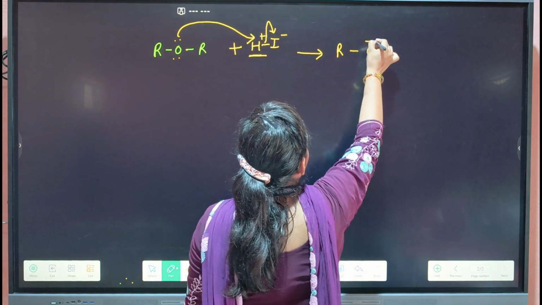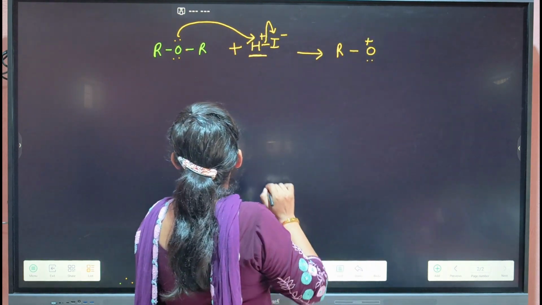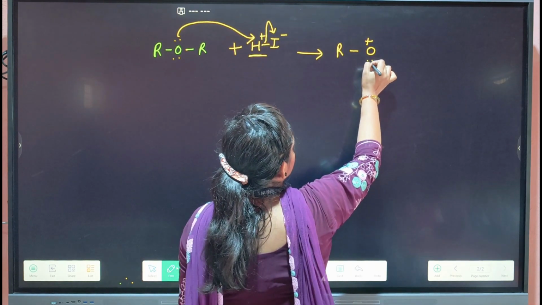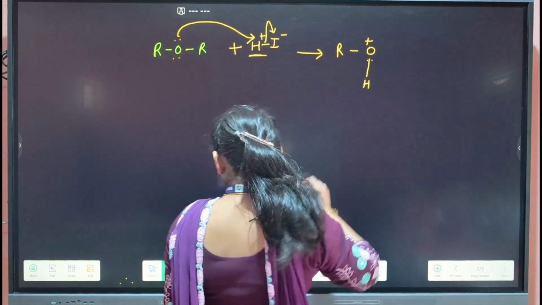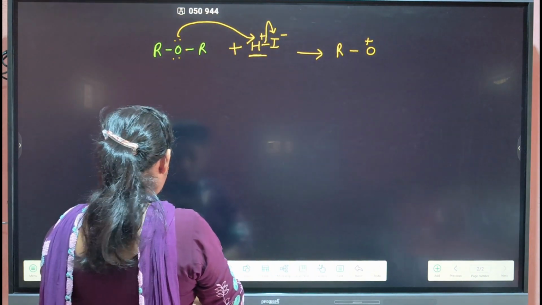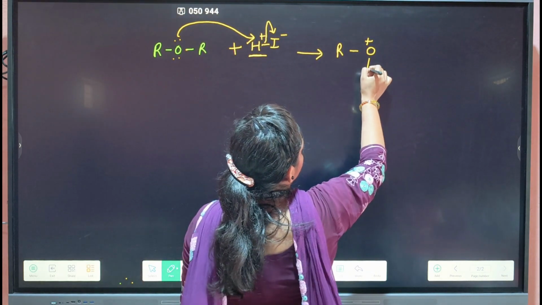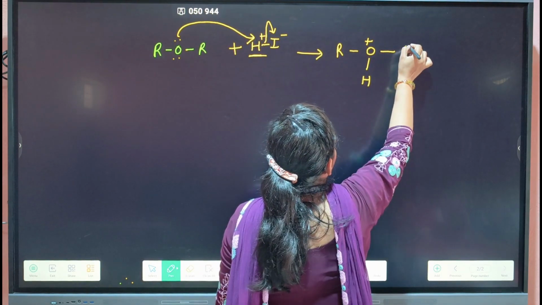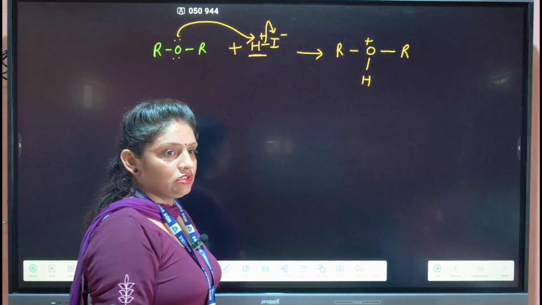RO, it is giving the electrons, so positive, and it is making a bond with hydrogen also, and one bond with R also here.